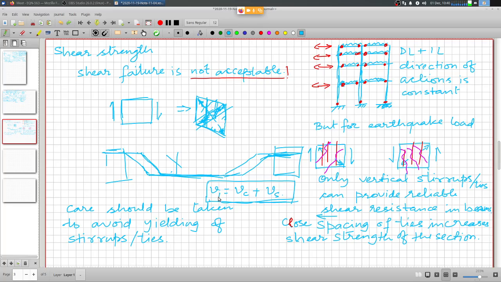So that governs the basic requirement for shear strength, and that is essential for prevention of premature failure in shear, is essential for achieving high ductility.